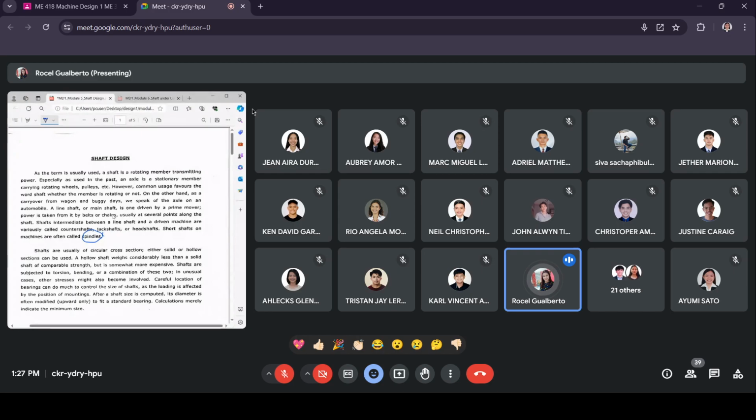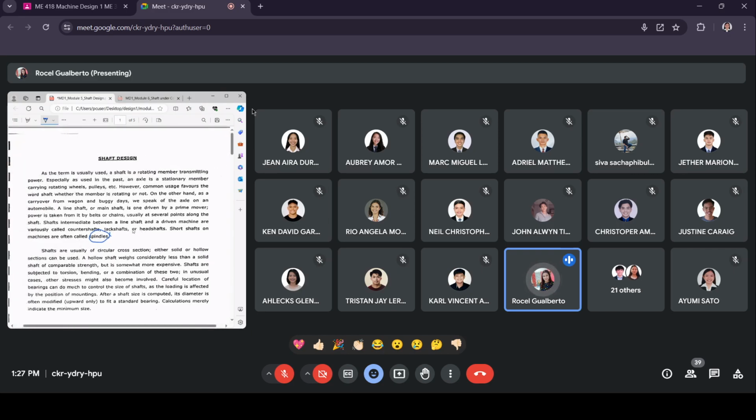But if it is used only to provide rotation to the other shaft, that would mean a counter shaft, or a secondary shaft. But the one which really drives the machine and transmits power, you call that the main power transmitting shaft, okay? So those are the classifications.